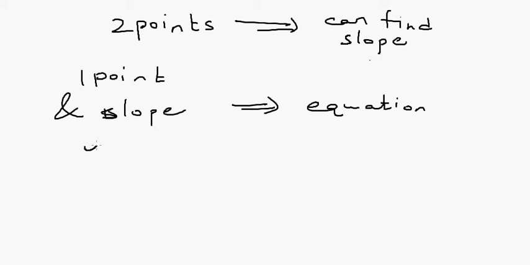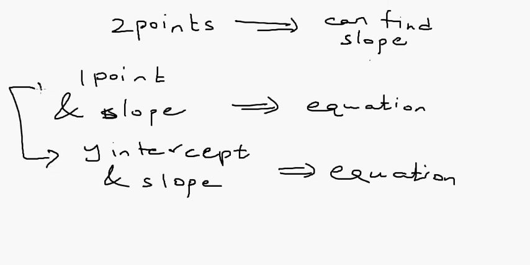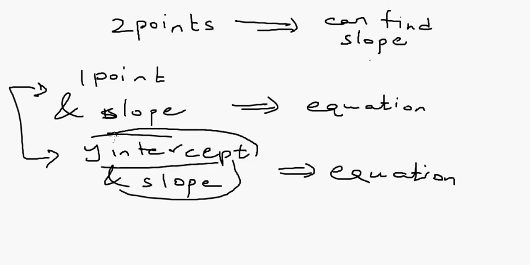But I can just mention it separately: y-intercept and slope, you can find the equation. As I said, these two conditions are just the same. If you have been given the y-intercept, you actually know a point on the line.